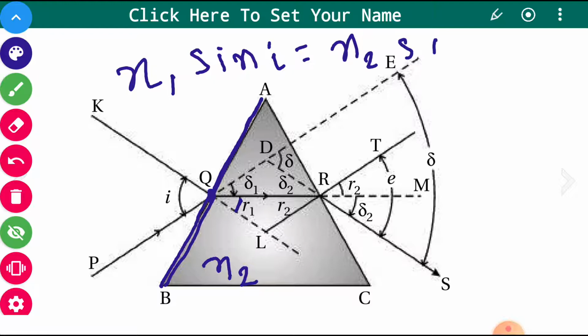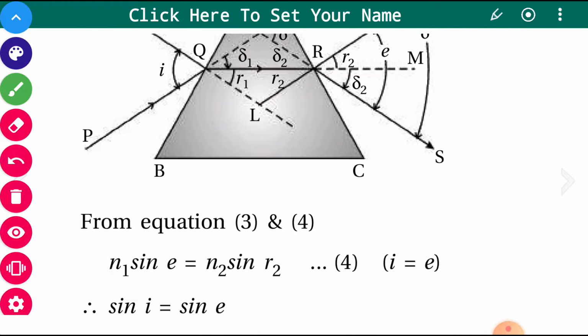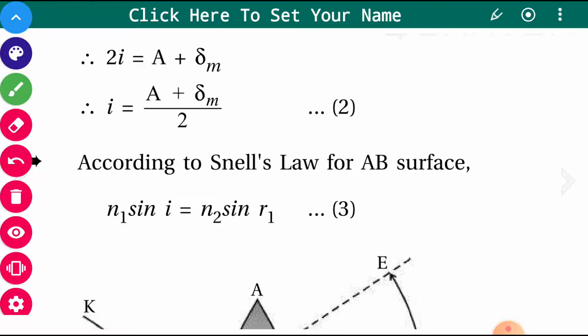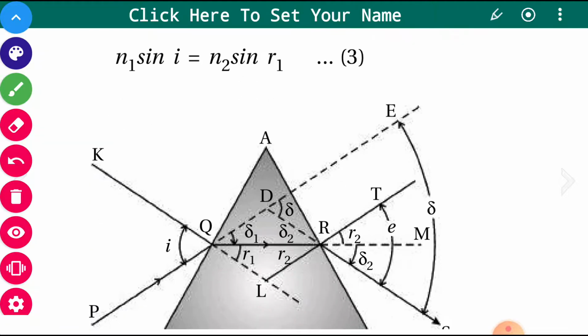This is your third equation, N1 sin I is equal to N2 sin R1.